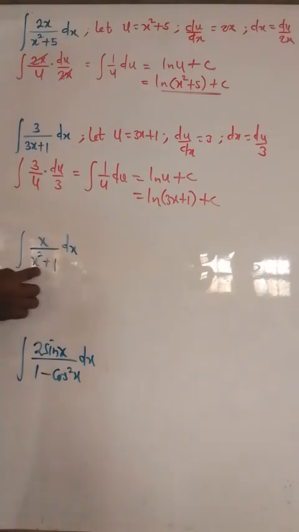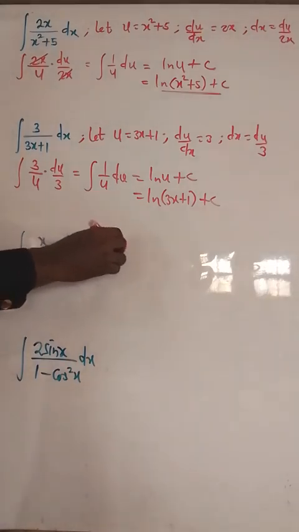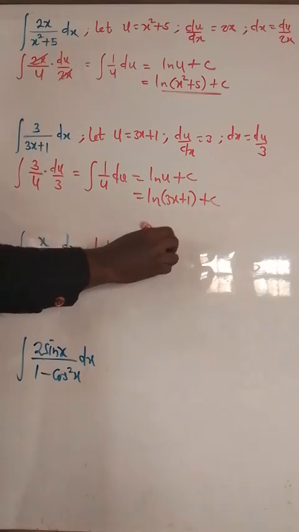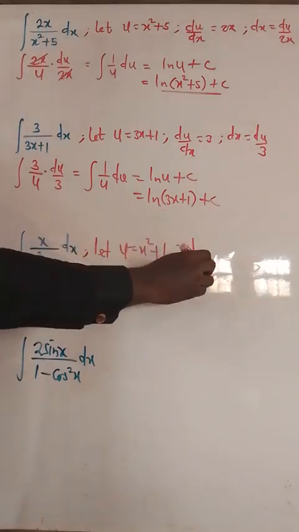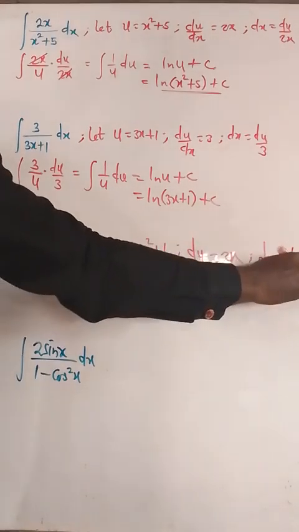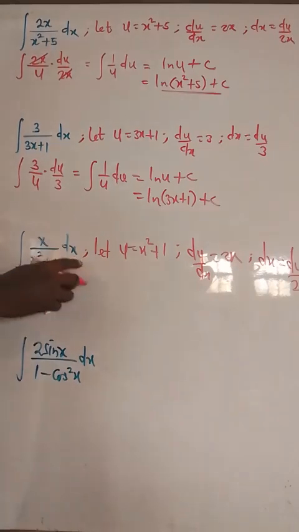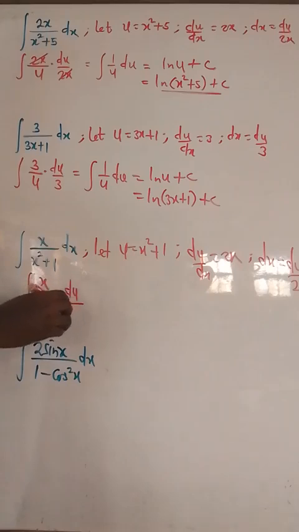But if you look at this, if we differentiate x squared plus 1, we get 2x, which is not exactly what we have here. So in this case, there will be a factor. Now let's go on before we generalize. Same way, let u equal x squared plus 1. From here, du dx equals 2x. Then dx equals du over 2x. We write the integral of x divided by u times dx, which is du over 2x.